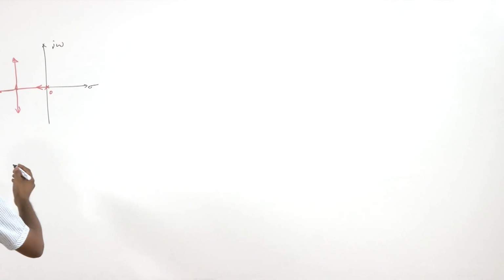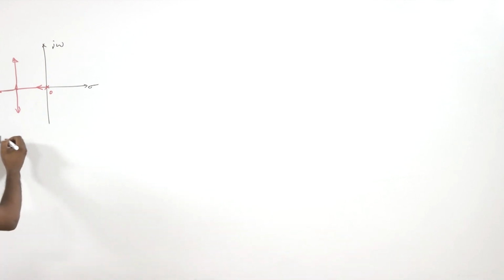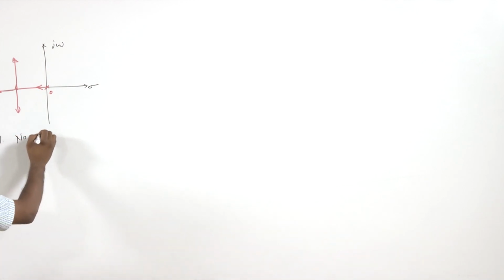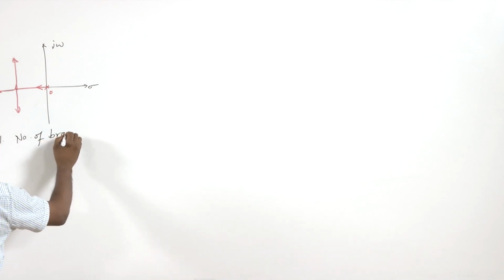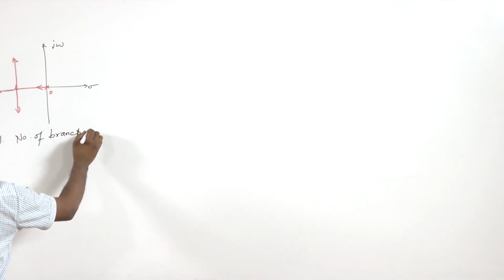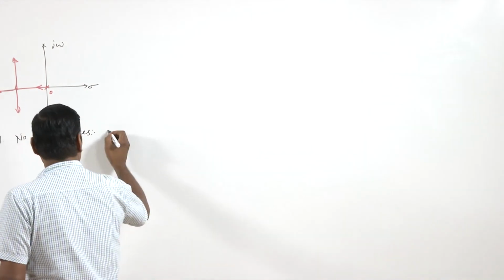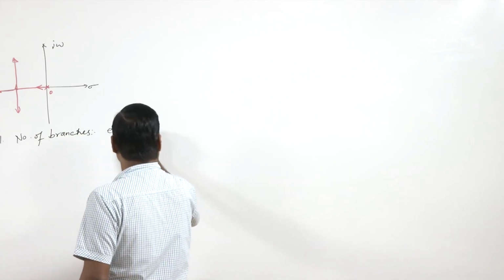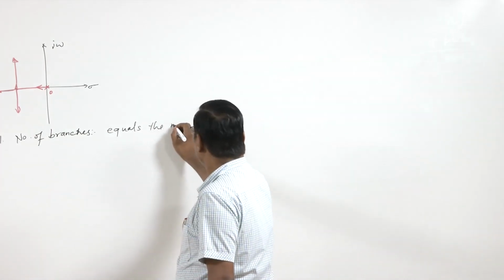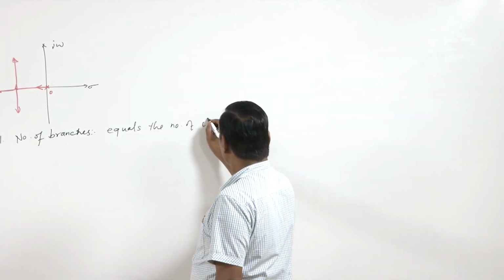There is the rule that the number of branches equals the number of closed loop poles.